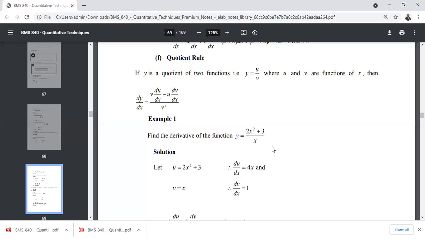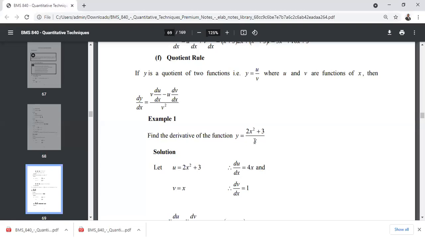I have an example here. If my function is 2x squared plus 3 over x, I'll take my numerator to be the u, my denominator to be x. If I differentiate my u, I'm going to get 4x. And if I differentiate my denominator, I'm going to get 1.